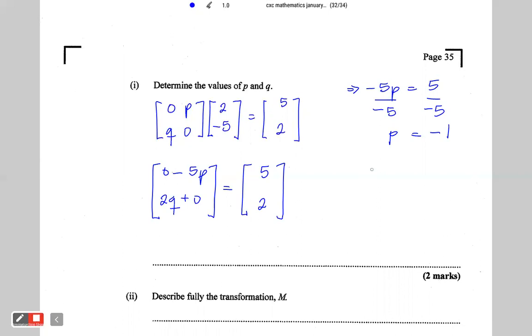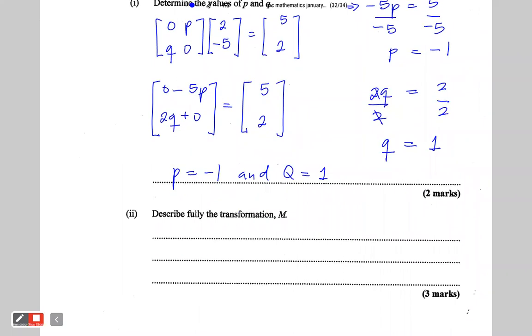Down at the bottom, 2q is equal to 2. Divide by 2 and q is equal to 1. So p is equal to -1 and q is equal to 1.